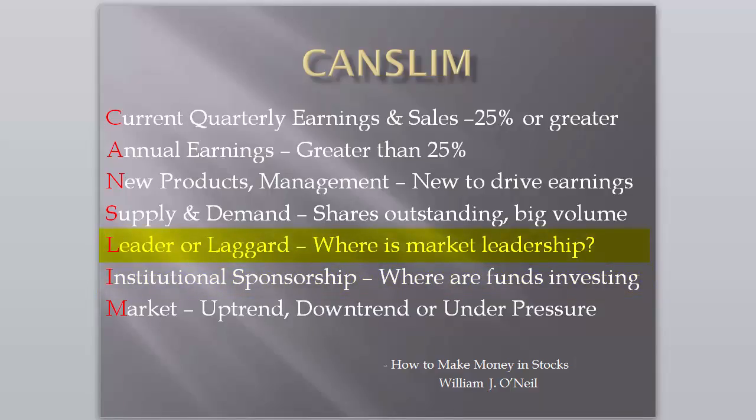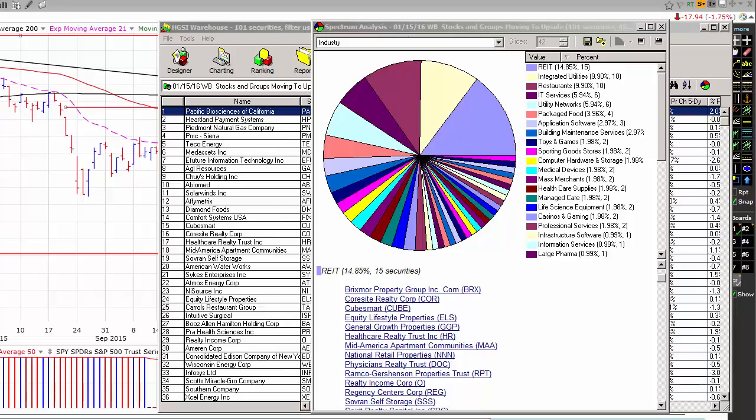The L in CANSLIM stands for leader or laggard. It's important that we identify where the leadership in the market is. To that end, we use HGSI, High Growth Stock Investors Spectrum Analyzer, to identify market leadership on a daily basis. So let's get started with that.